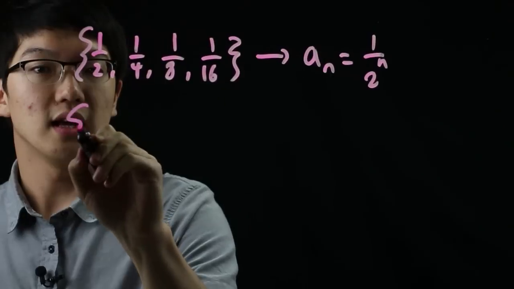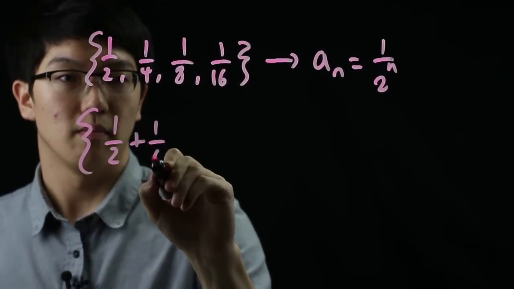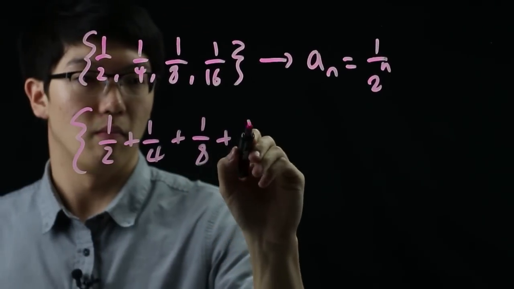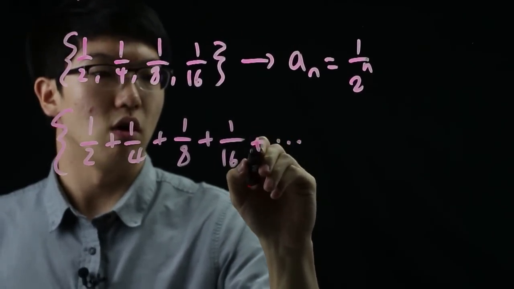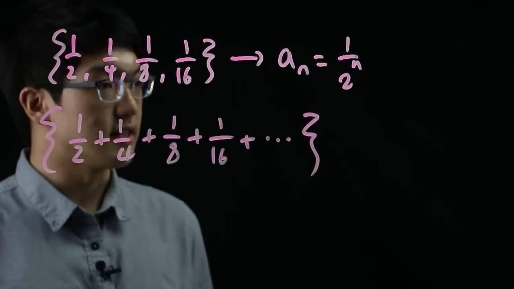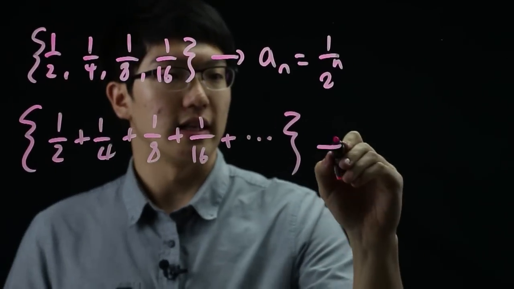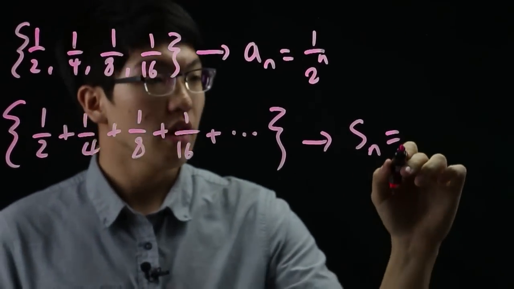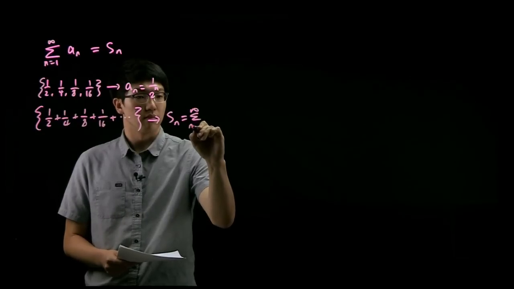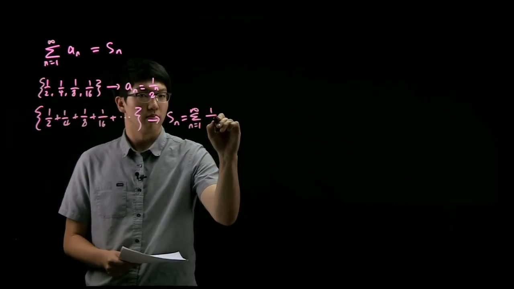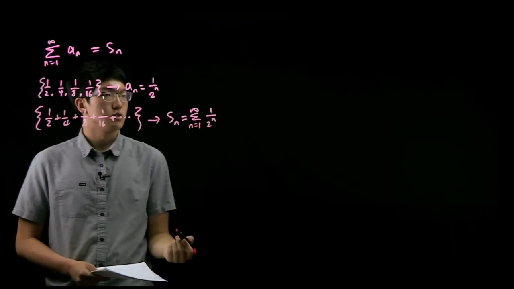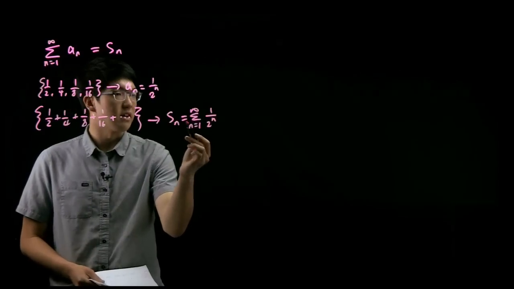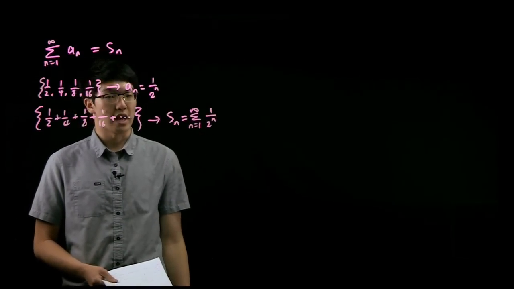But what if we had all these terms added together instead? Then we're going to write it as Sn is equal to, so it's basically just the sigma in front of the sequence form we had.